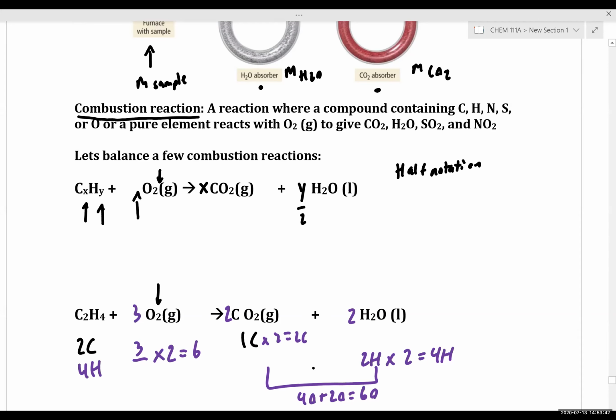And then for oxygen, we'd have 2X plus Y over 2, because that's our total number of oxygen atoms, over 2 for our coefficient of oxygen. So we can write out general balanced equations for any combustion reaction. That's pretty powerful stuff when you think about it.